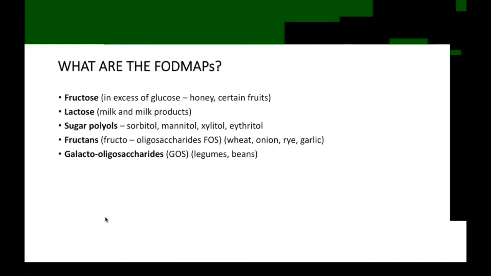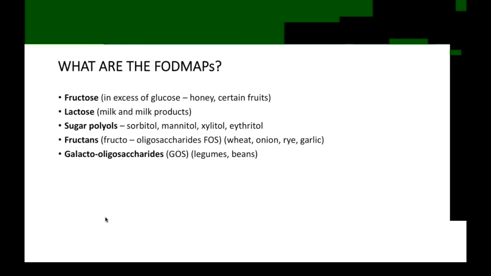Whereas if there is fructose in excess of glucose, then it's more likely to be around and fermented by the bacteria. So that is all explained in the Beat the Bloat book, and I've given you examples in there about why certain fruits may be high FODMAPs or low FODMAPs.